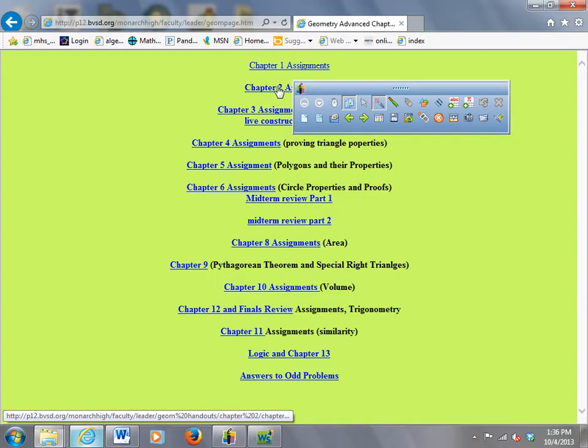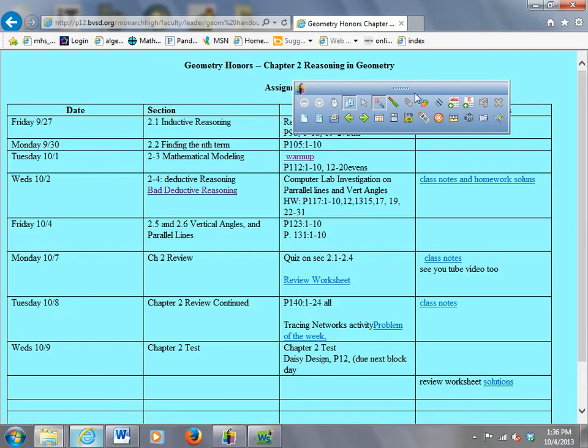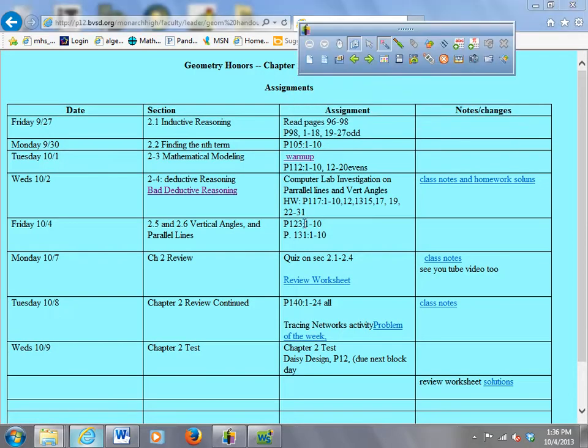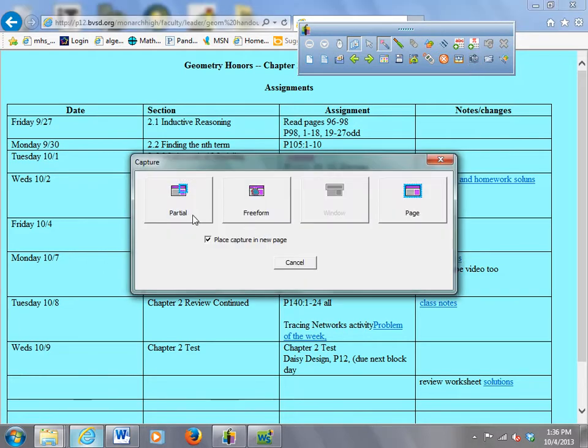We're now in chapter 2, and so I need to refresh that. There it is. Page 123, 1 through 10. So that'll be some short ones. Please draw the pictures. Good. Draw the pictures. I can even grab a picture of this to make it bigger.